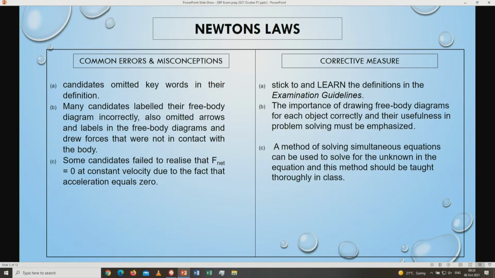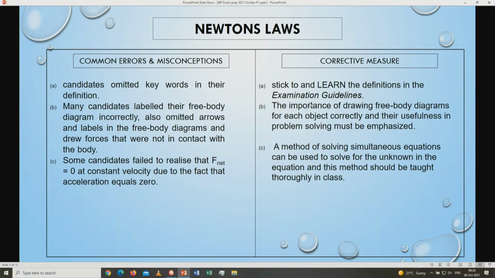If you do not learn your definitions as per the exam guideline, automatically you will be omitting keywords, and once you omit the keywords, it says you do not know how to write down the correct definition, and you will be losing marks for that. Hence, stick to and learn the definitions in the exam guidelines.